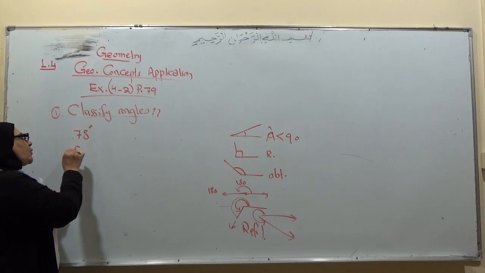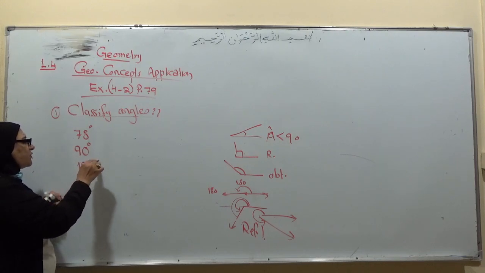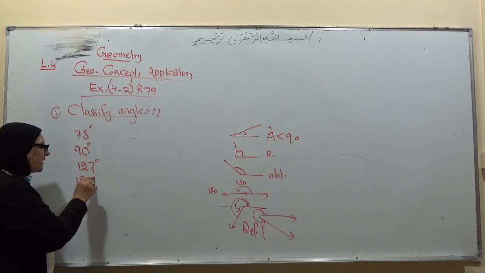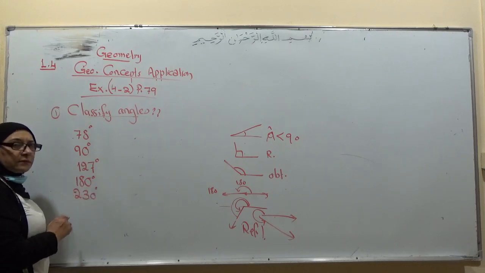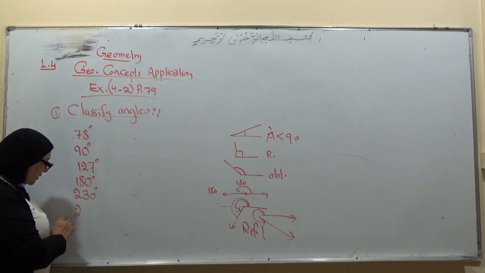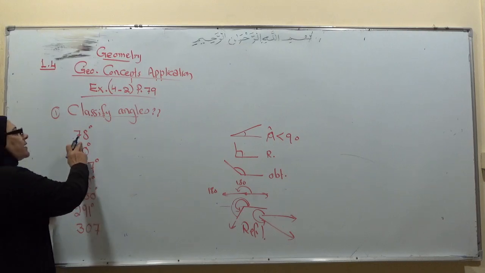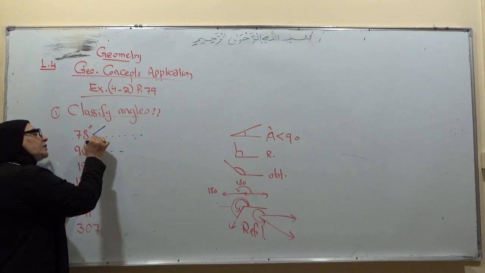Then 90 degrees, and 127 degrees, and exactly 180 degrees, 230 degrees, 291 degrees and 307. عايز أعمل classification، فببتدي أشوف الانجل. أول حاجة بالنسبة للانجل دي هعمل إيه؟ Is it smaller than 90?